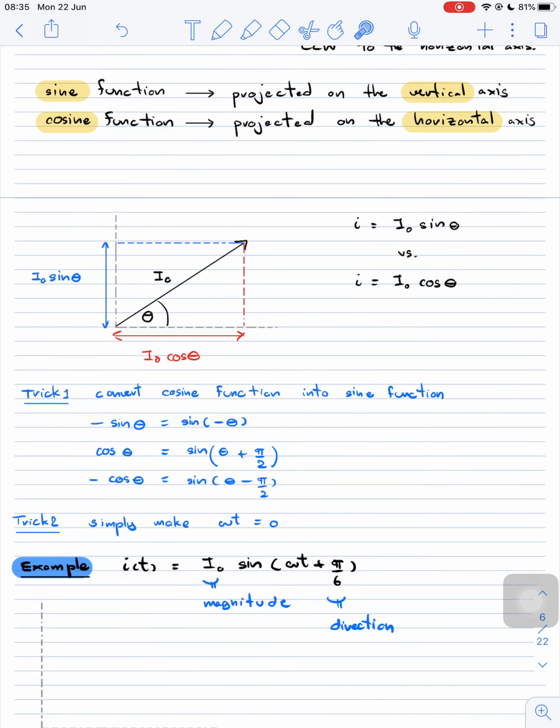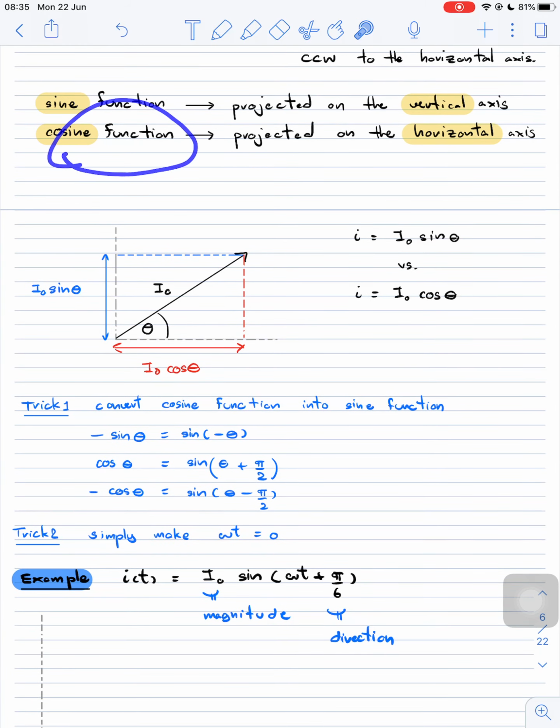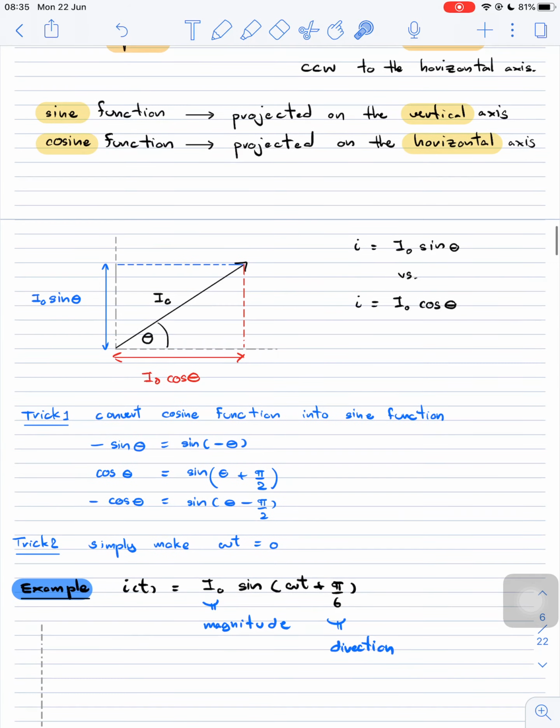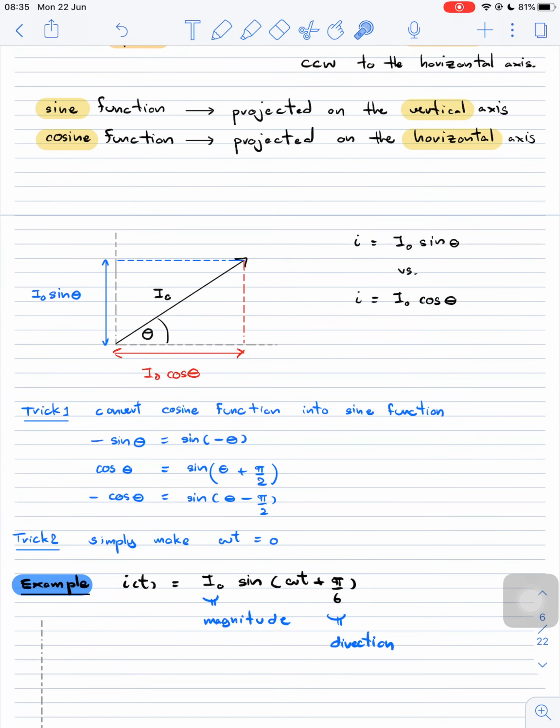So we say that for the cosine function, we get the projection on the horizontal axis. So that's going to be the idea of how to get the sine or the cosine. But I would recommend that if you want to combine two or three vectors or more, the easiest way is to convert everything to the sine function, because this will be the simplest that we can do.